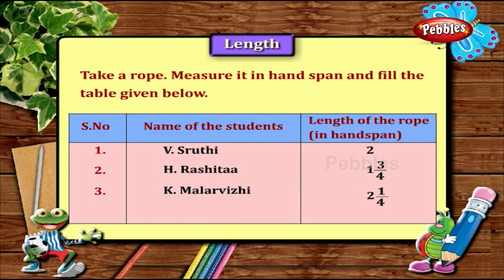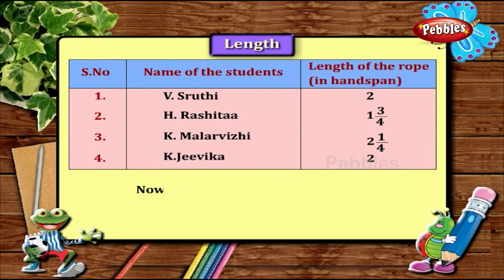Malarviri measured the length of the rope as 2 1/4 handspans, and Jeevita measured the length of the rope as 2 handspans.